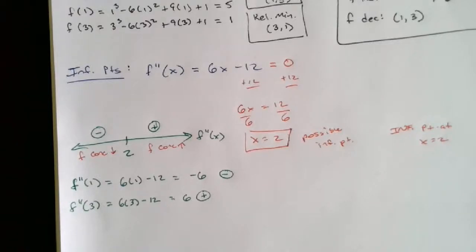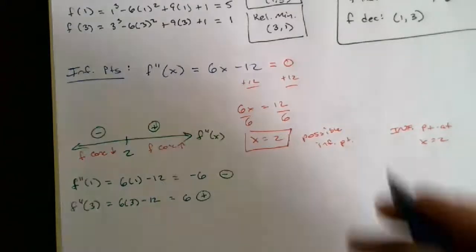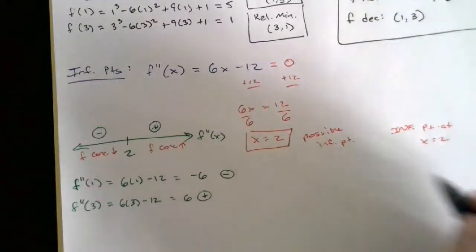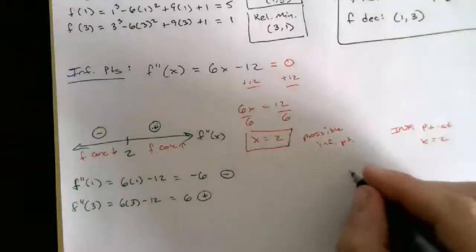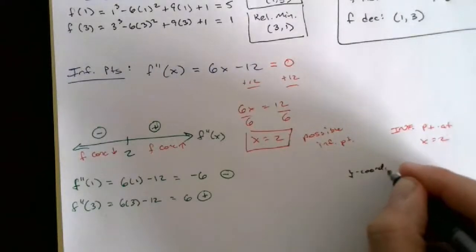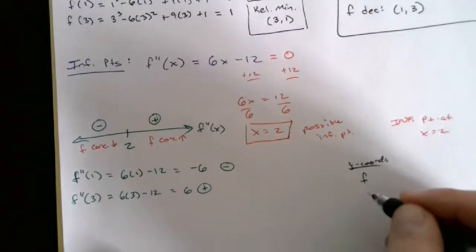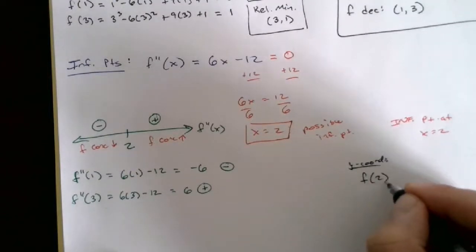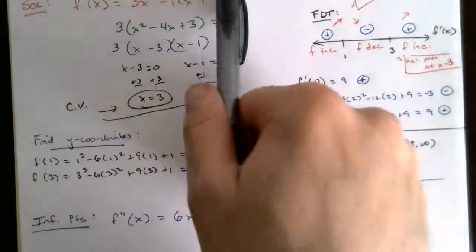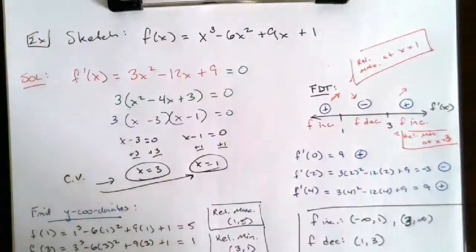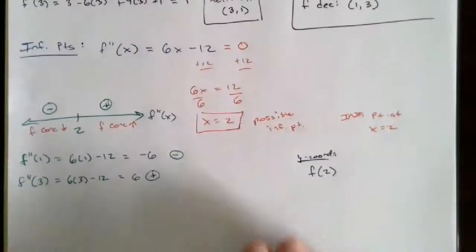Now we also want to talk about the y value that goes with this. The y value would be substituting back into the original function f of x. So we're looking for f of 2 here. The original function is what we had at the very beginning, x cubed minus 6x squared plus 9x plus 1.